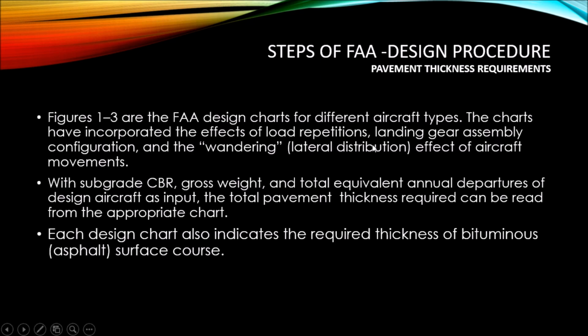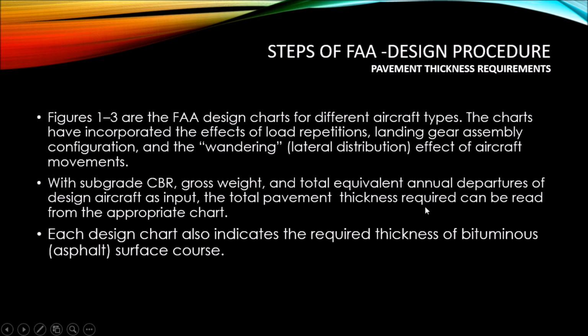So next we look at pavement thickness requirements. Here we have figures 1 to 3. These are the FAA design charts for different aircraft types. The charts have incorporated the effect of load repetition, landing gear assembly configuration, and the wandering, which is the lateral distribution effect of aircraft, with subgrade, gross weight, and total equivalent annual departures of the design aircraft as input.